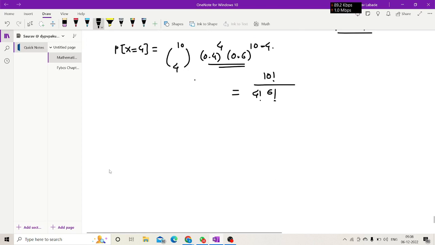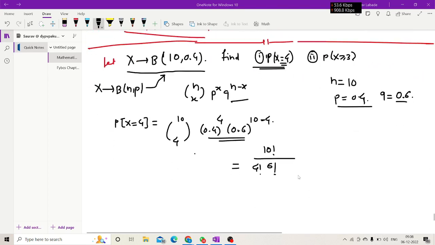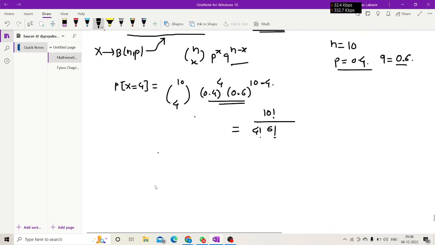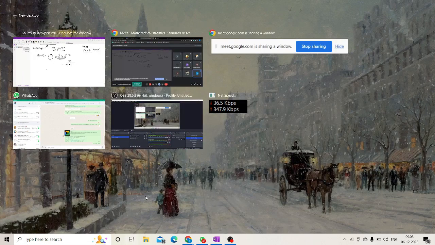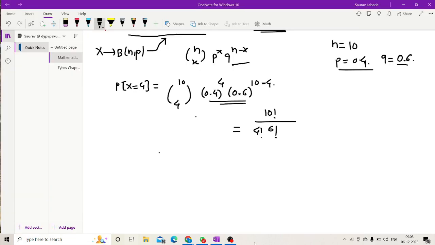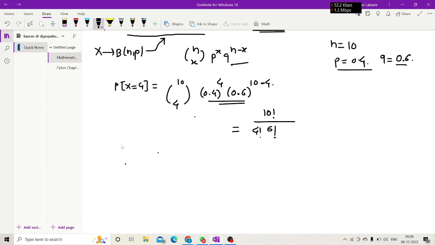Okay. Now next is the probability of x greater than or equal to 3, right? How to solve this? Suppose I have to find the probability of x greater than or equal to 3.